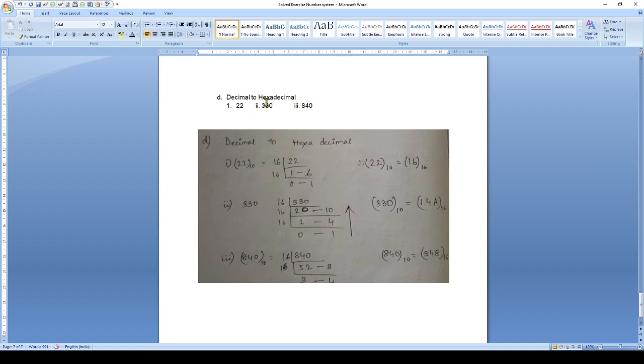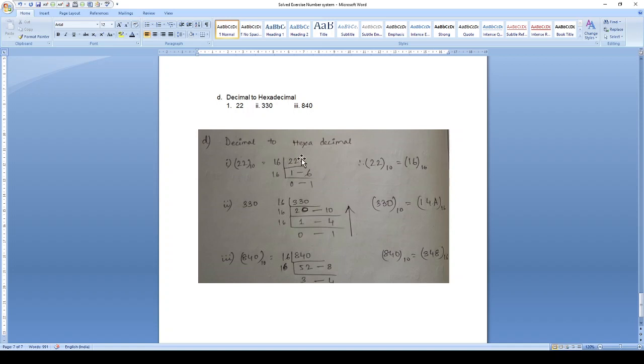You have to divide the decimal number with the base of the hexadecimal number. That is 16. Like you remember while you did decimal to binary, you divided the decimal with the base of the binary, that is, you divided by 2. Now you will divide it by 16.